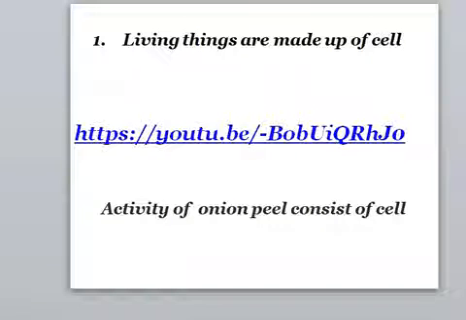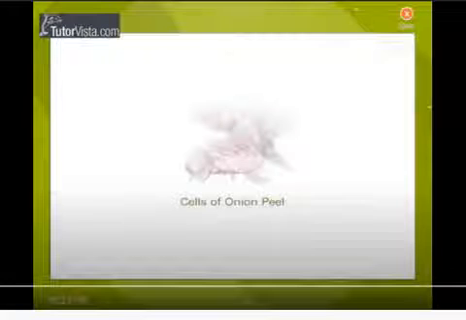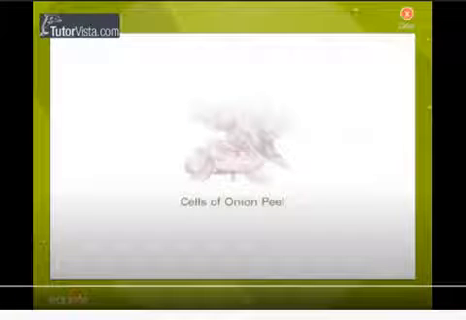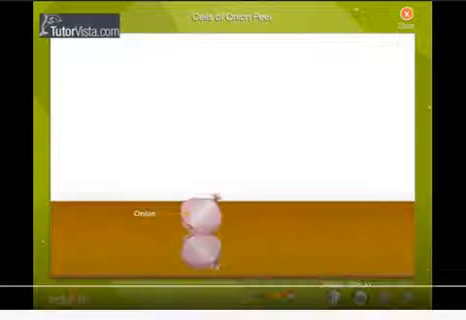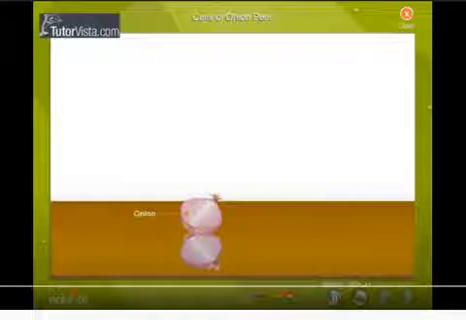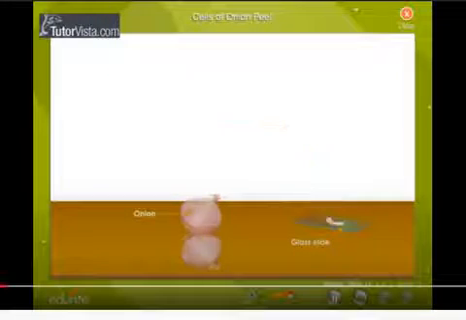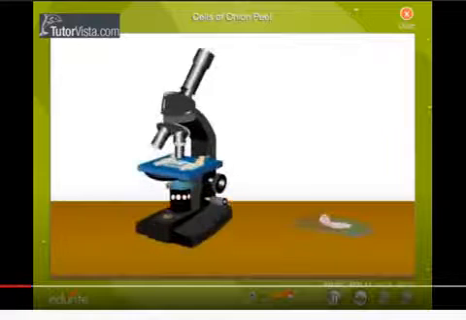Let's see the structure of plant cells by performing this activity on cells of onion peel. Take an onion and cut it into two halves. Now separate its membrane and put it on a glass slide.